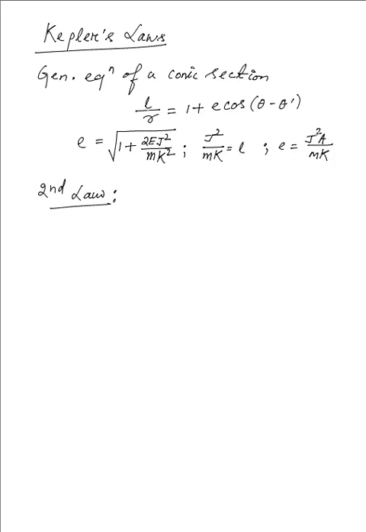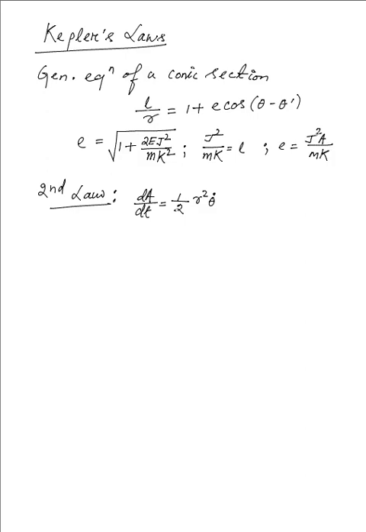As far as the second law is concerned, we have dA by dt equal to half r squared theta dot. Now remember, this is what we had obtained while deducing the expression for the central force in the first video of this series.